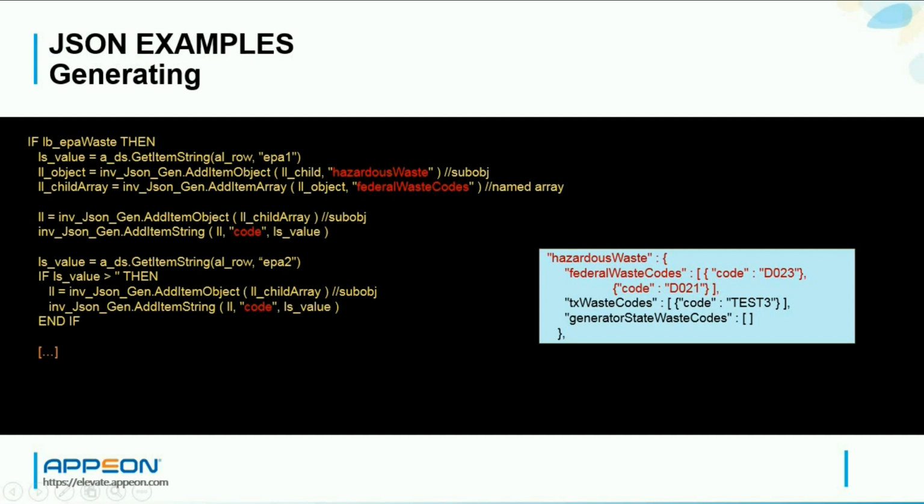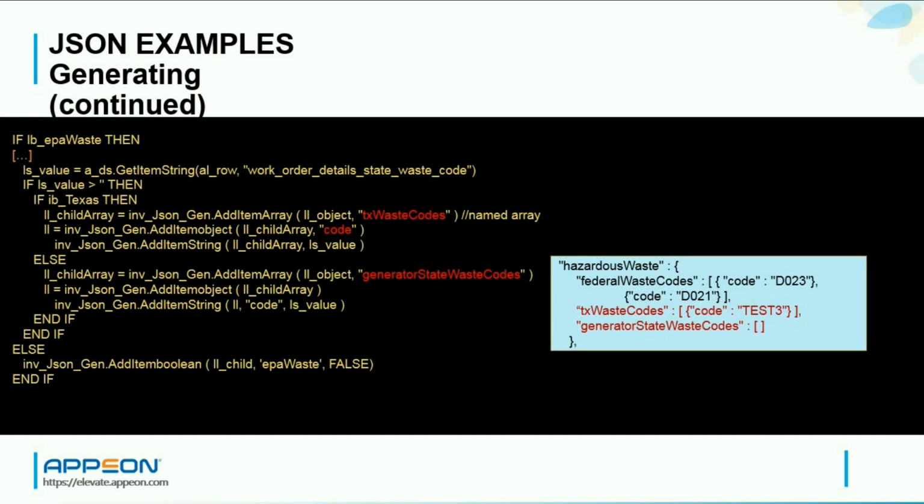Then we add the object. It's not named, but it does have a string that we're going to add called code and value. If we have a second EPA code, we do it again. Continuing on, if we have a state waste code and it's Texas, then we can create a new named array called TX waste codes, and we'll be adding the objects with a code and a value just like we did before.